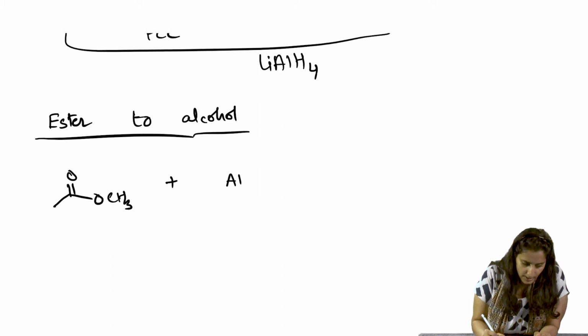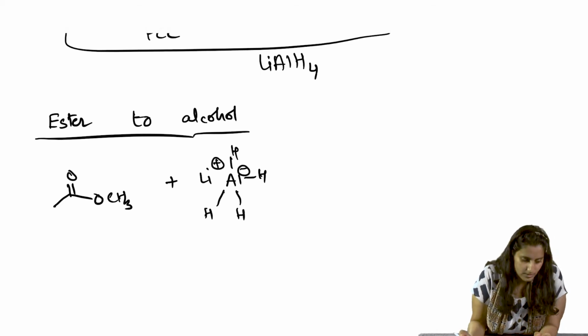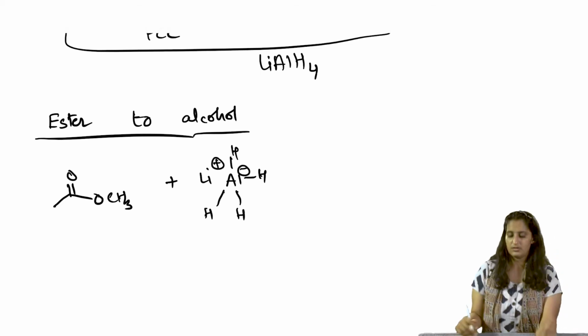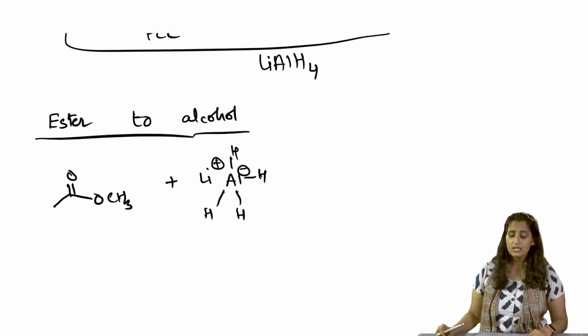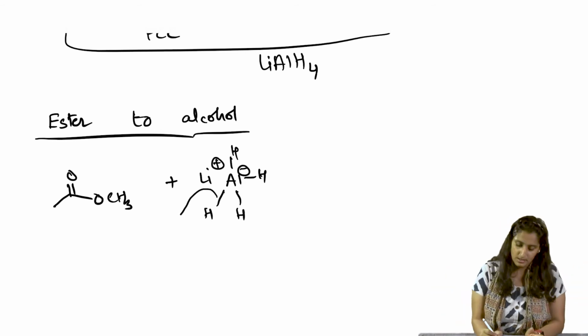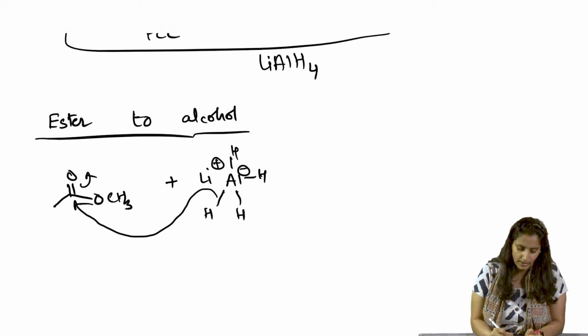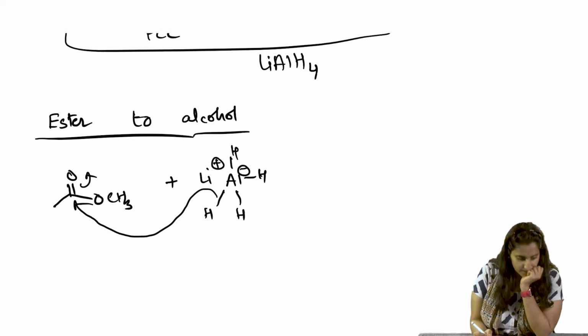I am going to react it with lithium aluminum hydride. As you can see, it has aluminum attached to 4 hydrogens and has a negative charge, and thus it is a very good source of H minus, and that is going to attack here and open this up.